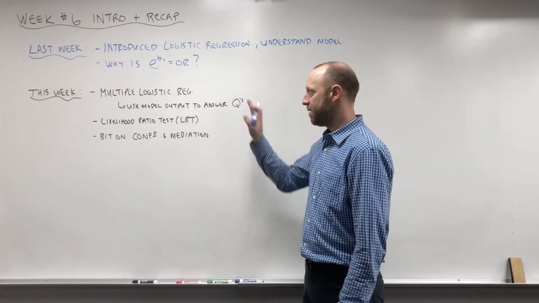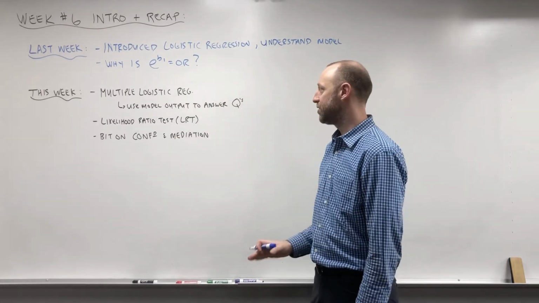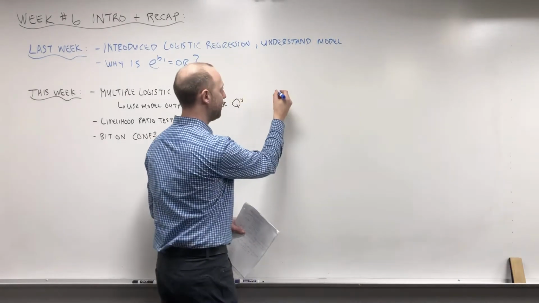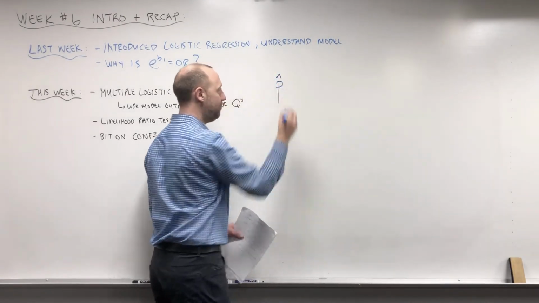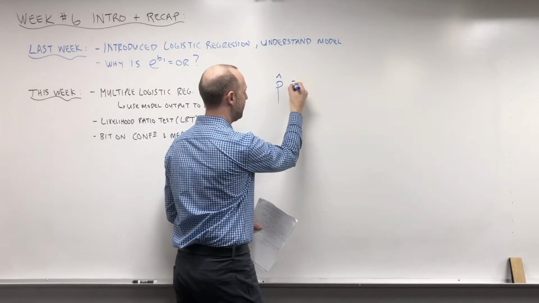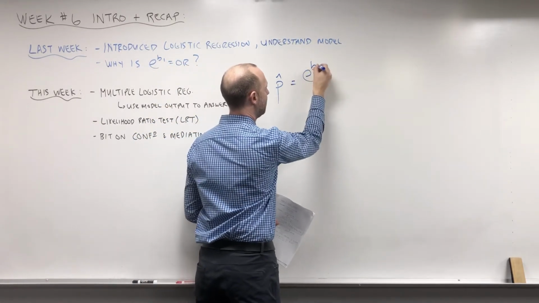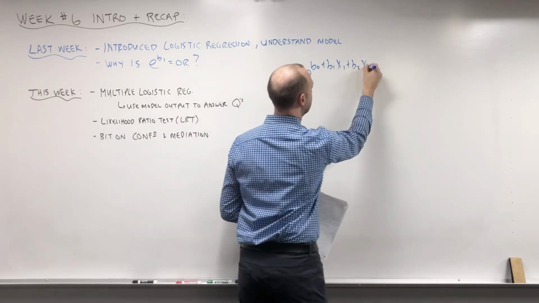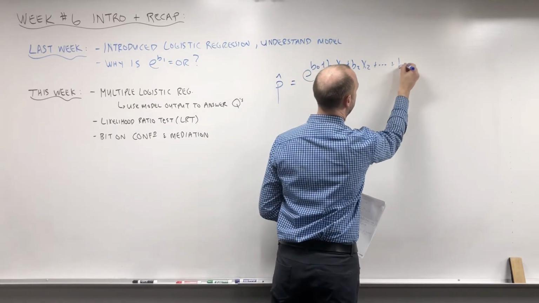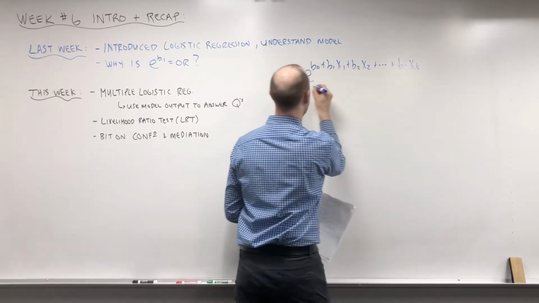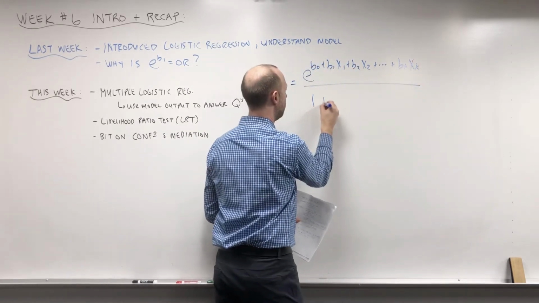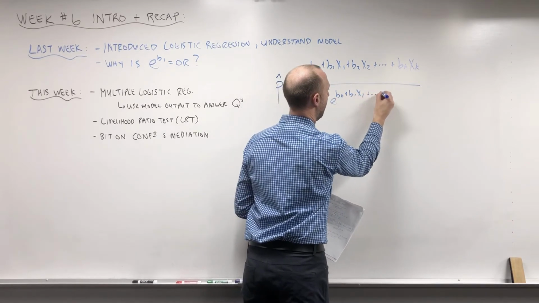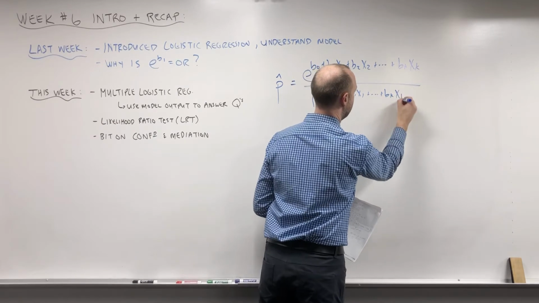It's going to be the exact same model as what we introduced previously. We're just going to include more than one x variable. So the model is going to look like estimating p hat, the probability of the disease, as e to the b naught plus b1 x1 plus b2 x2 all the way up to bk xk, over 1 plus e to the b naught plus b1 x1 all the way up to bk xk.